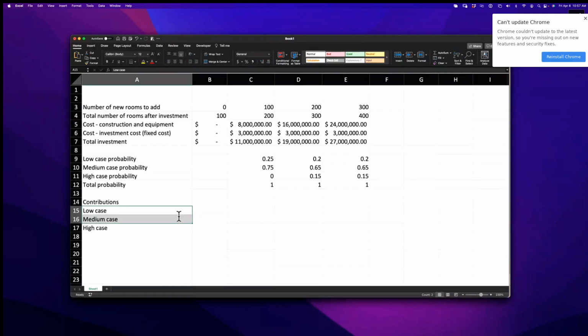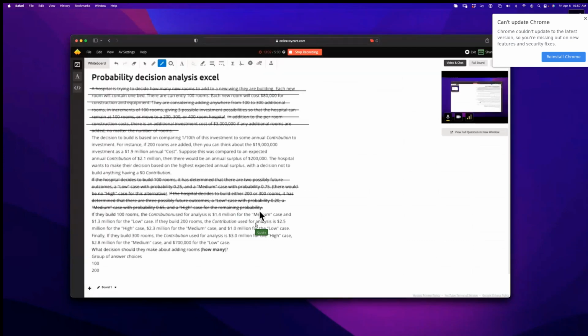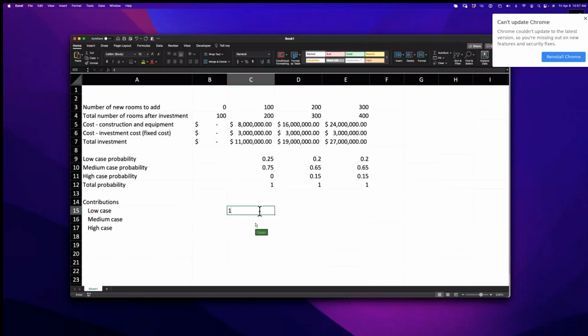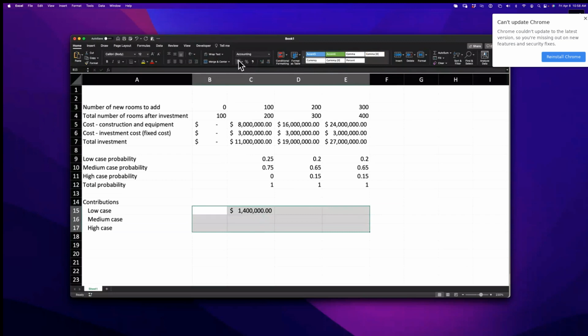We can indent these since we put a heading there. Now for 100 rooms, for the low case, 1.4 million. We're going to stick to dollars here, so let's make all these dollars.